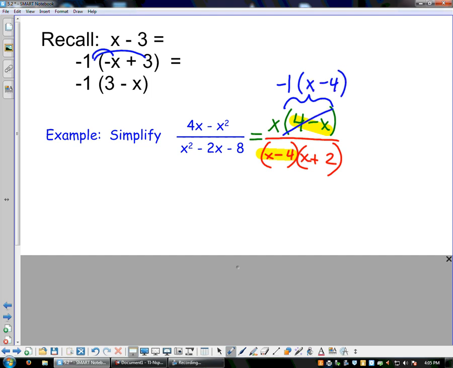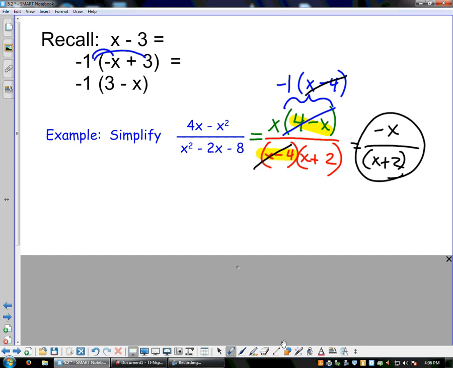So I'm going to do a rewrite there. Okay, and after we rewrite that, since we now have the same thing, x minus 4, both top and bottom, we can divide out the x minus 4 here with the x minus 4 here. And we'll be left with x times a -1, which is a -x, over x plus 2. And that will be our final answer.